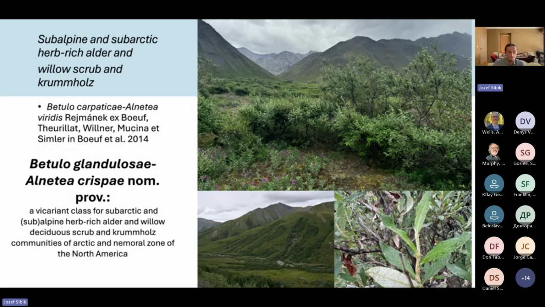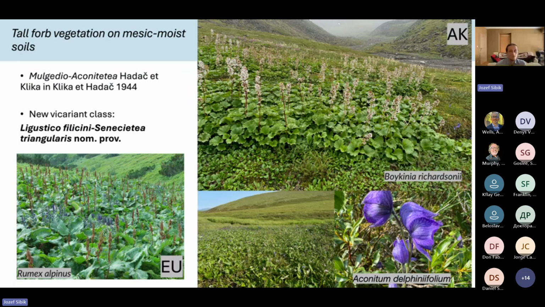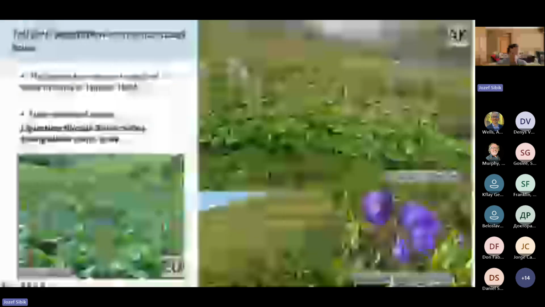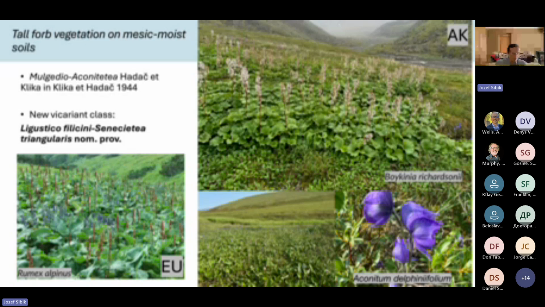Here is another example, tall forb vegetation on mesic moist soils, usually classified within Mulgedio-Aconitetea in Europe. On the bottom left part of my presentation, you can see Rumex alpinus communities along streams in subalpine areas in the Carpathian Mountains, even in the Alps.